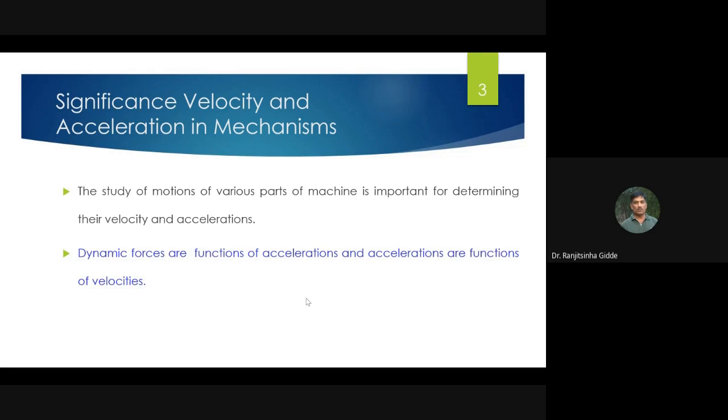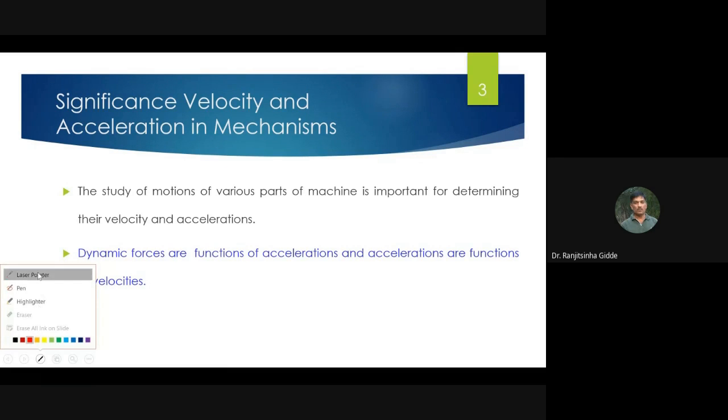Acceleration is nothing but dv by dt, and it indicates it is a function of the velocity, in which v is the velocity and t is the time. Okay, this may be asked for the MCQ, remember that.